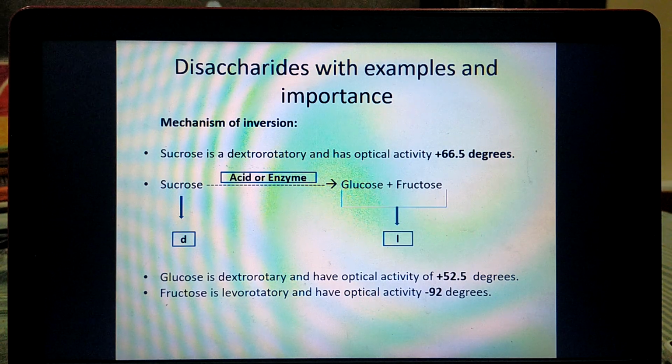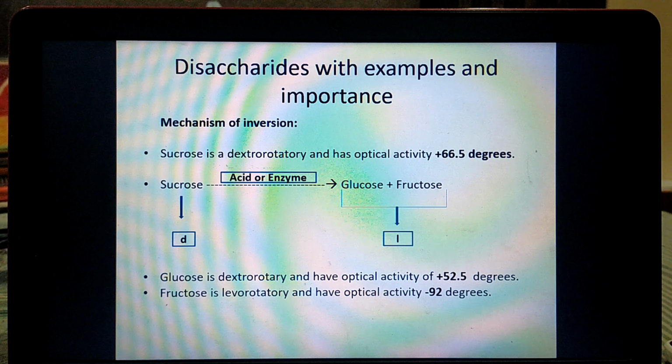These two monosaccharides have independent optical activity. Glucose is dextrorotatory, having optical activity plus 52.5, and fructose is levorotatory, having optical activity minus 92 degrees.